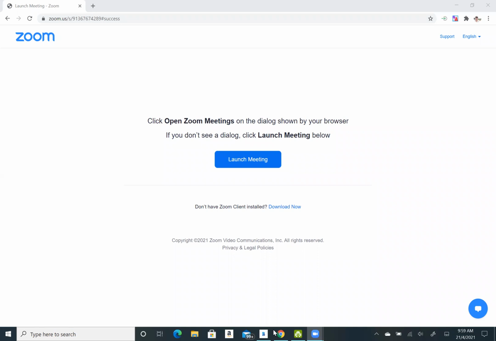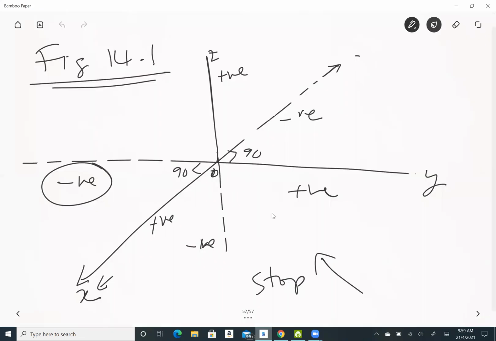I will show you again the diagram. Okay, so this is the diagram that you have in the book. It's in chapter number 14, the first diagram. So you'll see here, the x and y are the independent variables. Z is the dependent variable. So that's how the graph looks like.